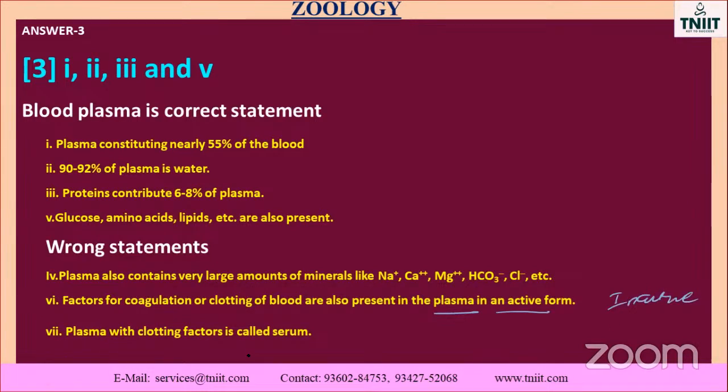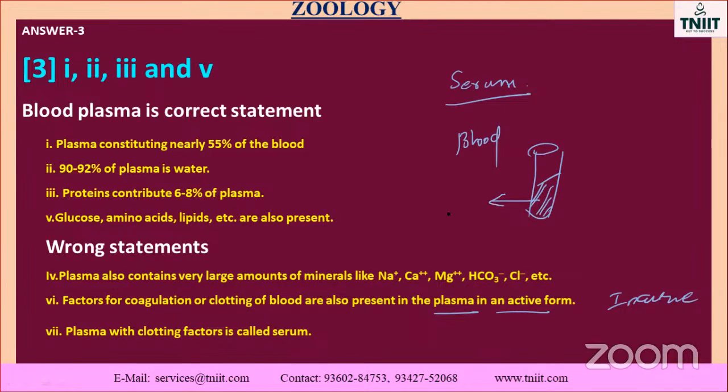And plasma with the clotting factor is called a serum. No. Serum is different and plasma is also different. How will you get serum? Listen here. Just take blood in a test tube and leave it for a few minutes. Here the blood sample is there. After that, what happens?